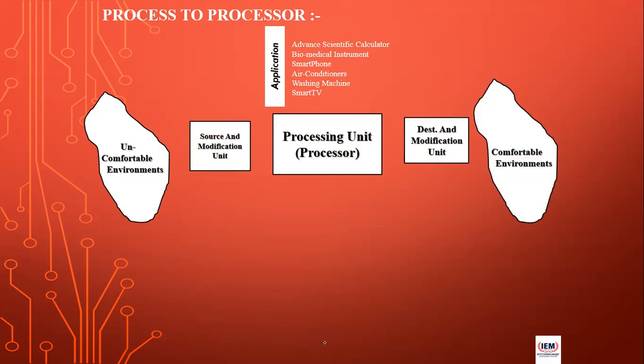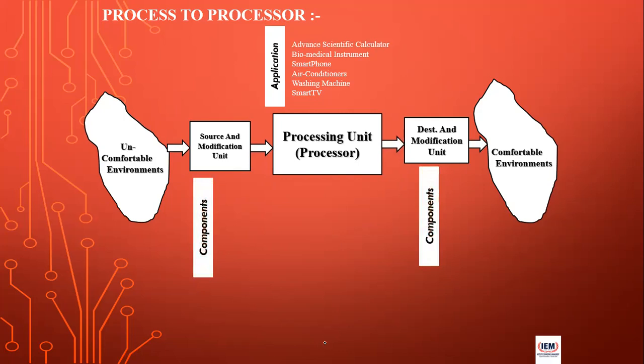In the last session in the microprocessor course, at that time I told you that the processing unit has some intermediate blocks. What is that? That intermediate block is basically the source modification and destination modification unit, and they are connected with each other.